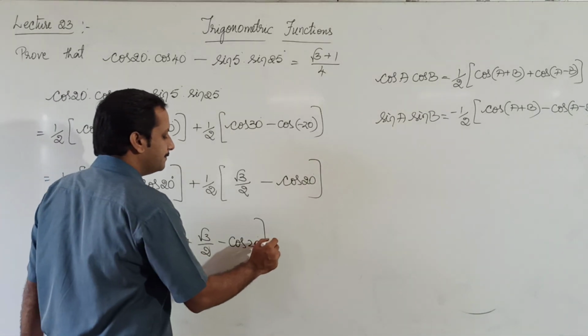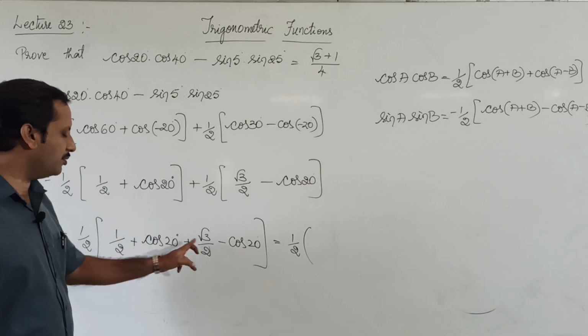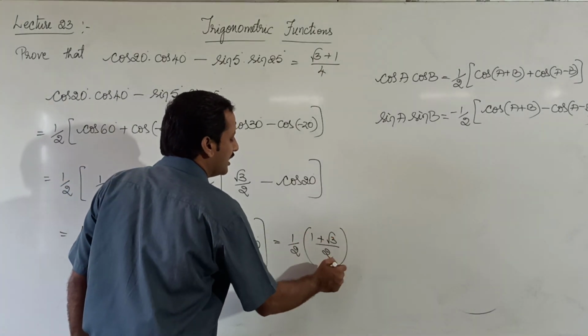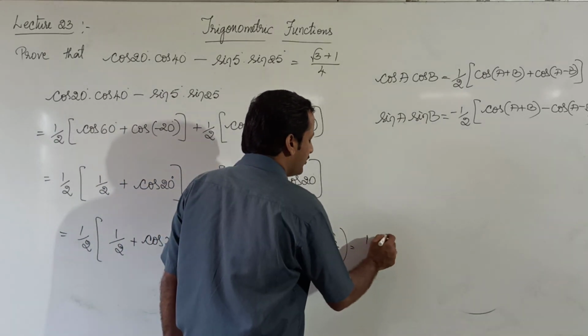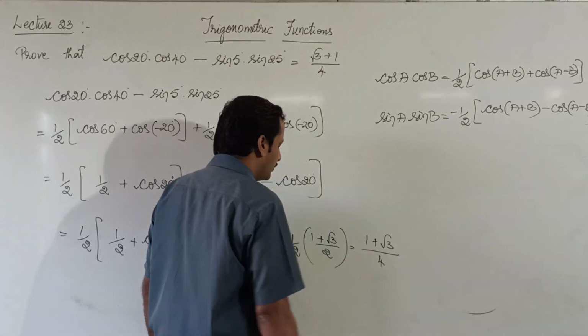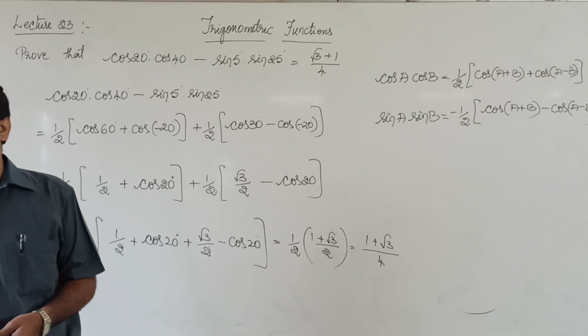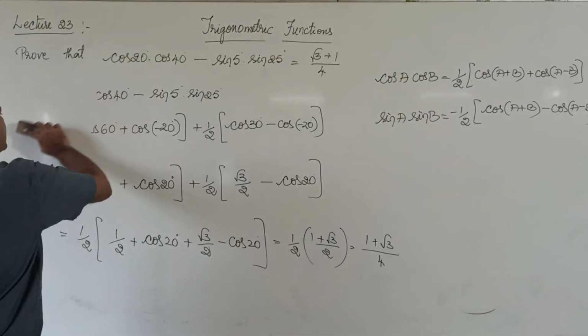So you have 1 by 2 into 1 by 2 plus root 3 by 2. Together I can write 1 plus root 3 by 2. That's equal to, taking this 2 inside, 1 plus root 3 divided by 2 into 4, that is 1 plus root 3 by 4, the same as root 3 plus 1 by 4. Okay. Let's look at the next question.